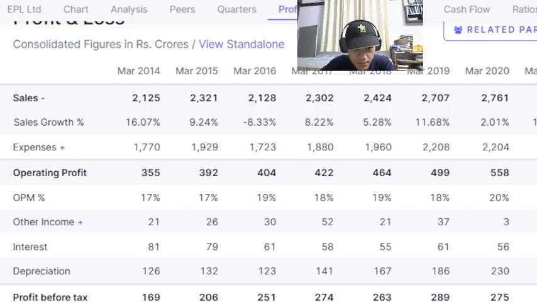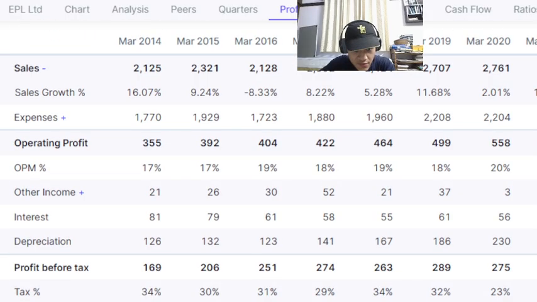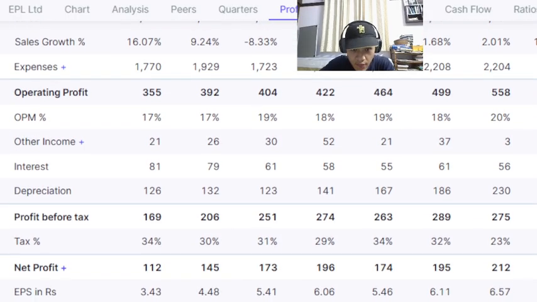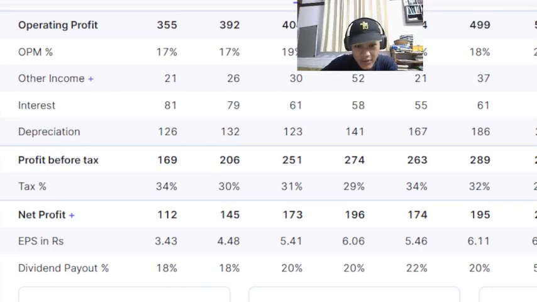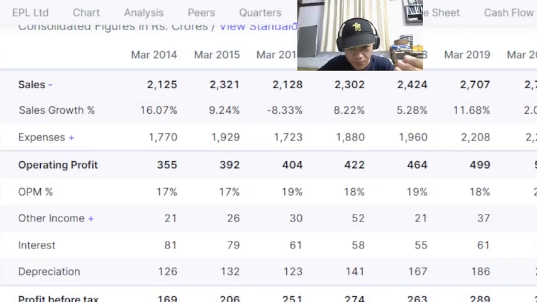We have sales, sales growth, expenses, operating profit, operating profit margin, profit before tax, and finally profit after tax. And at the bottom, we also have the dividend payout ratio. What percentage of the earnings left in a company is it paying out as a dividend? Higher this percentage, the better.